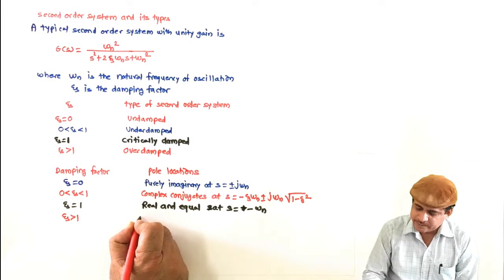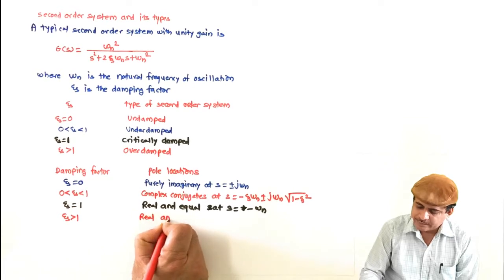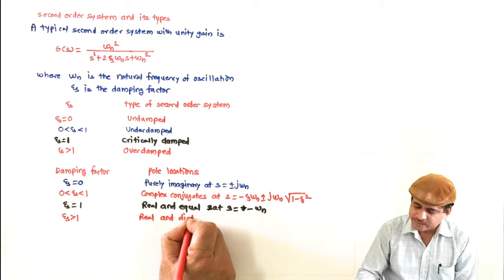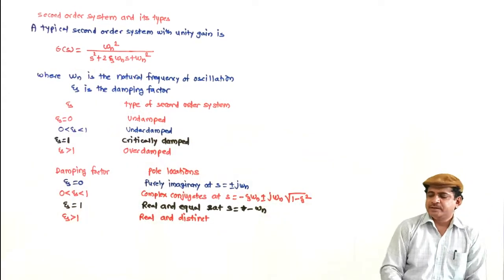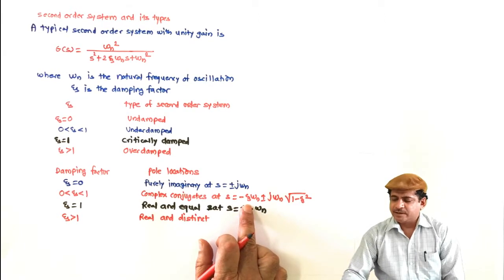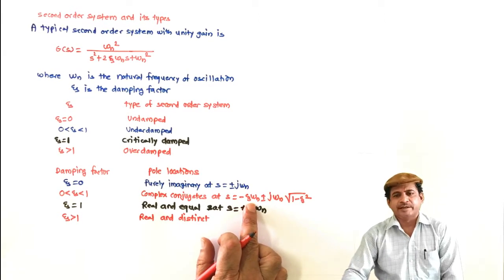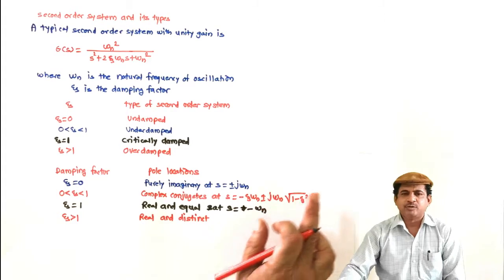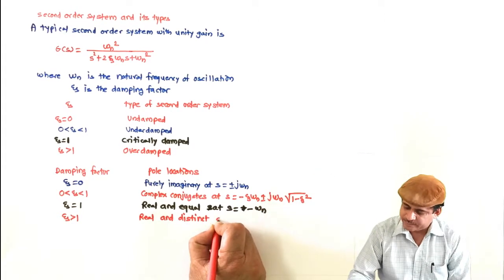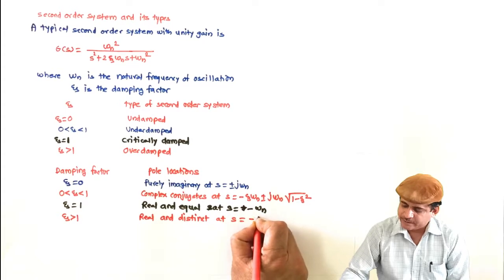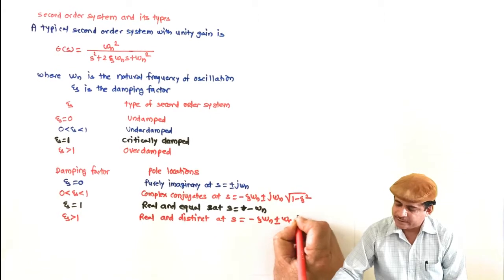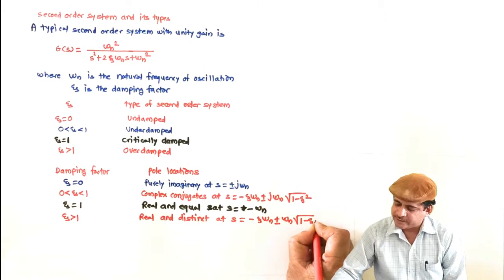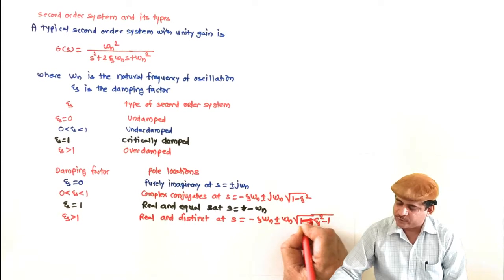So roots will be real and distinct, and they can be determined as s equal to minus zeta omega n plus or minus omega n under root zeta square minus 1, because here zeta is greater than 1.